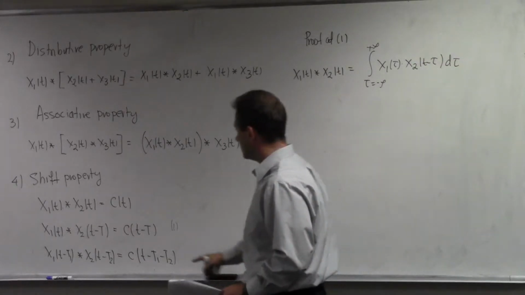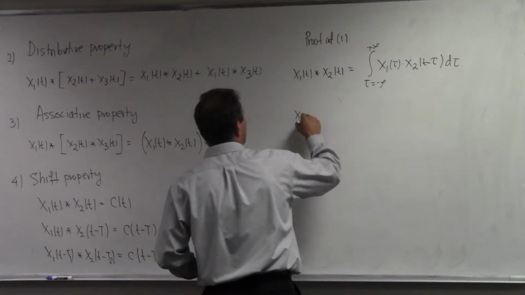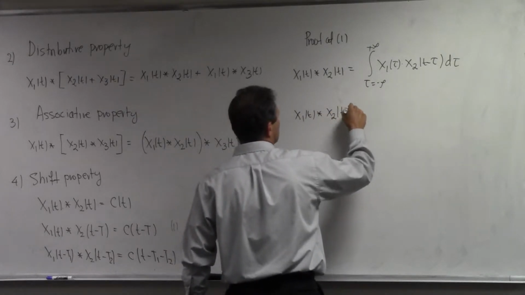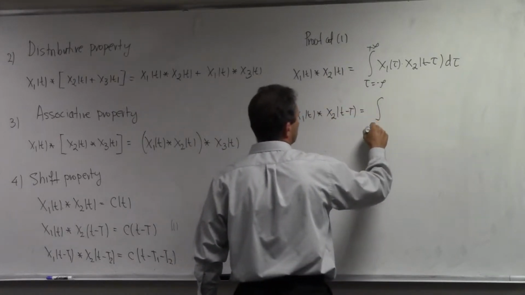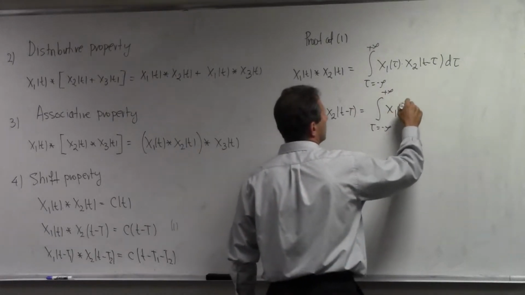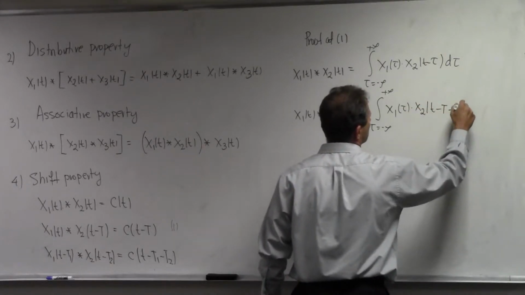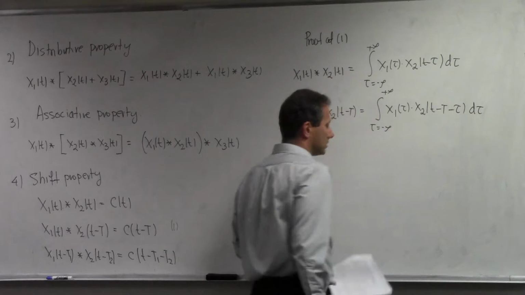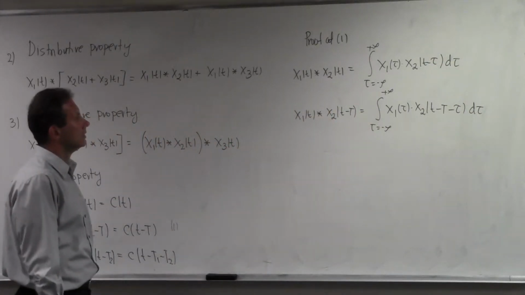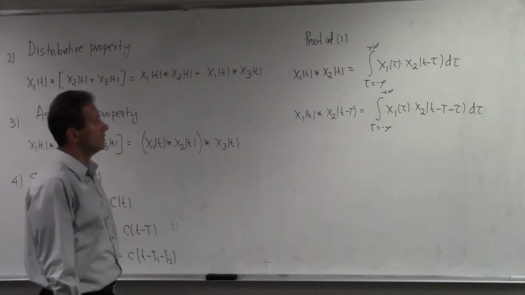Now if I delay the second one here, x1 of t convolved with x2 of t minus capital T is an integral when tau goes from minus infinity to plus infinity, x1 of tau, x2 of t minus capital T minus tau d tau. Just a straightforward implementation of the definition of the convolution integral.